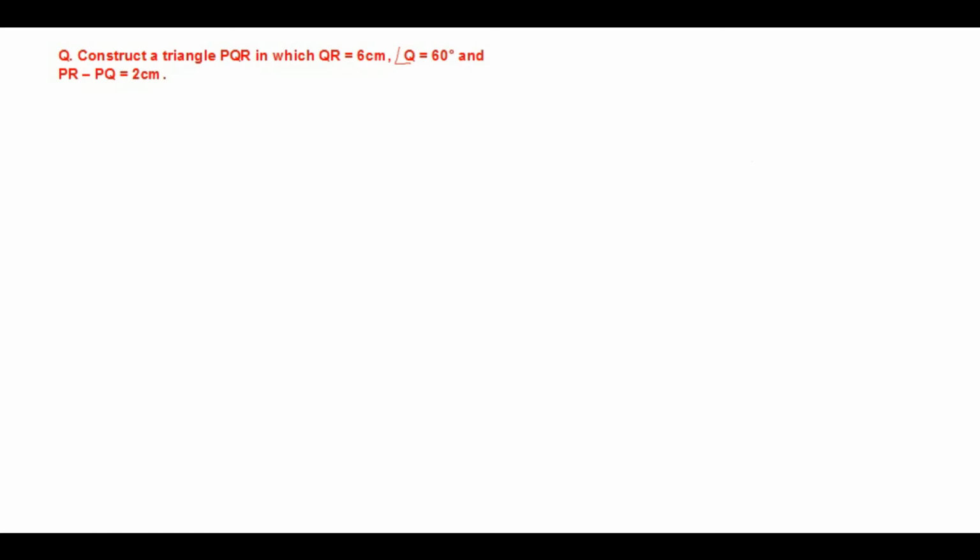Let the triangle be PQR in which QR is 6 centimeter. First we have taken the base, this is Q and R, 6 centimeter. This angle Q is 60 degree, and then this point becomes your P, and this triangle is PQR.